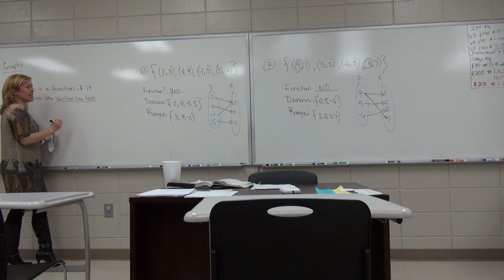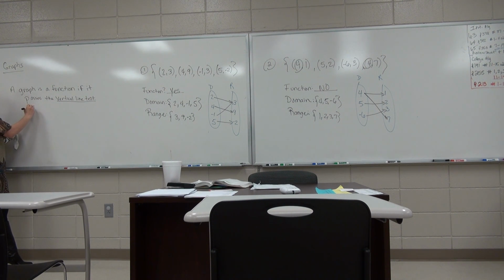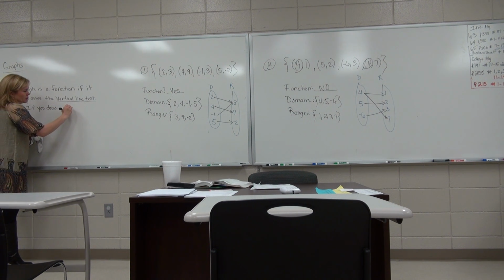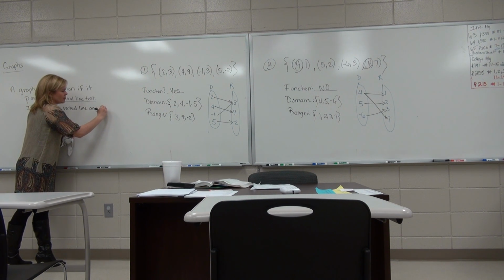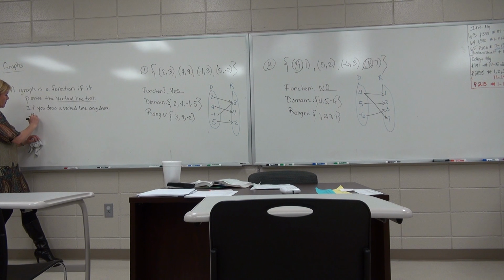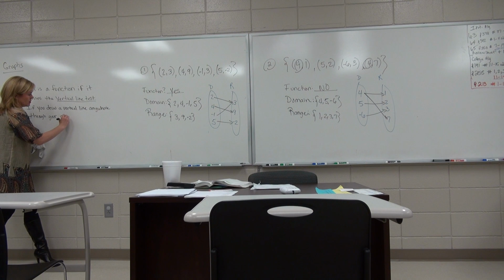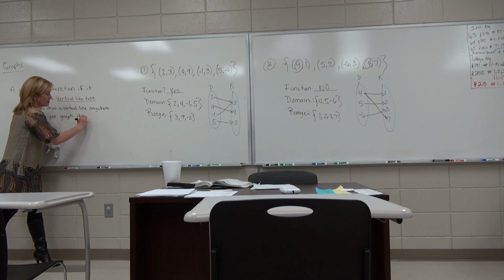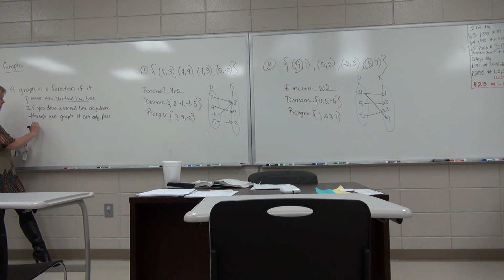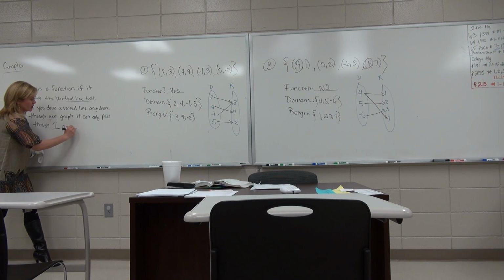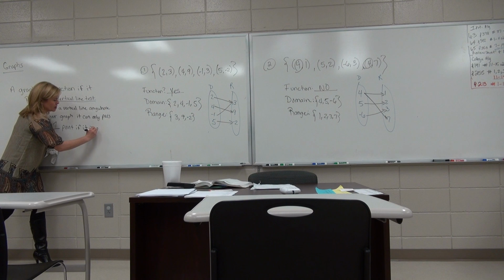And what the vertical line test means is that if you draw a vertical line anywhere through your graph, it can only pass through one point if it is a function.